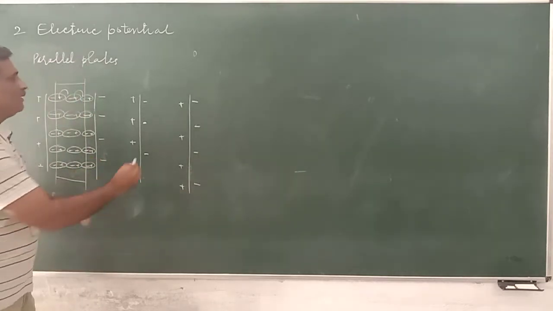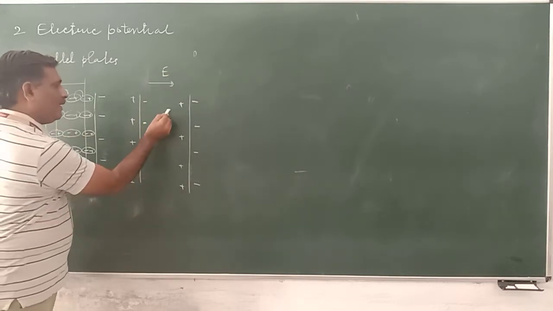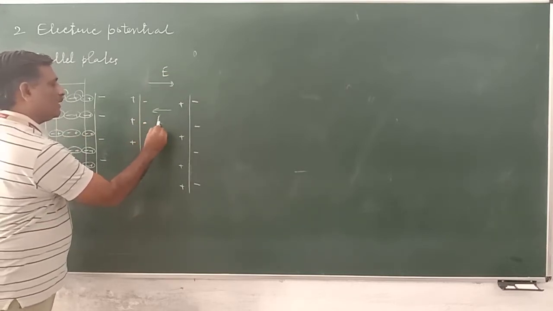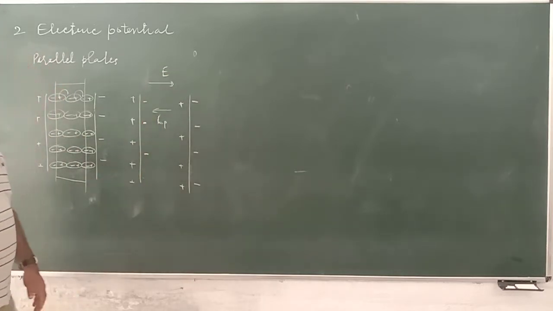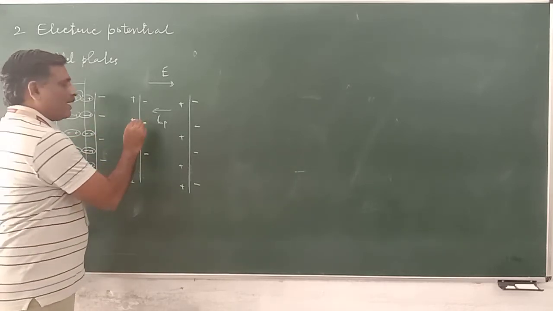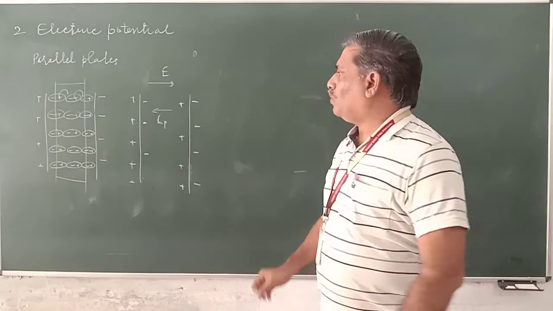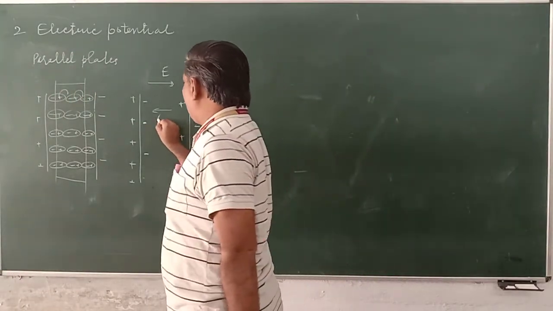What does it mean? There is the electric field from here to here, and then there is a field due to polarization, sigma P. If you check this, there is a slight decrease in the electric field. So we will call this EP, due to polarization.